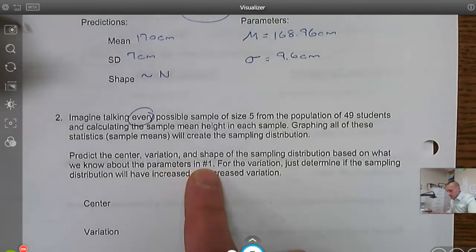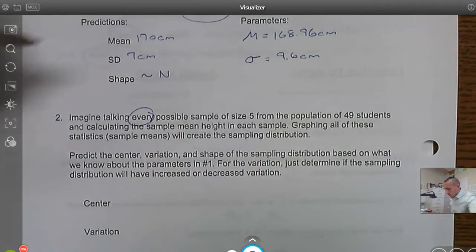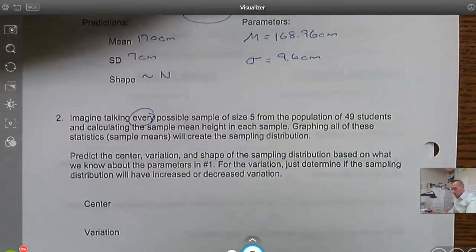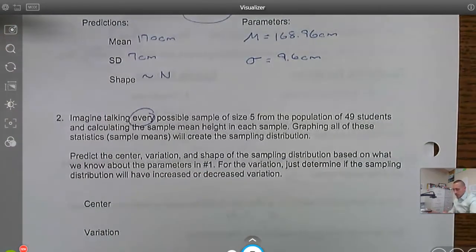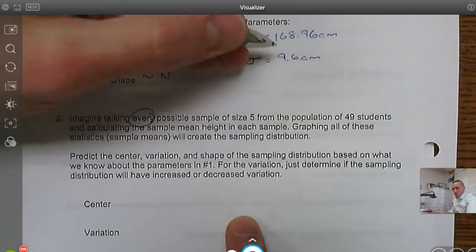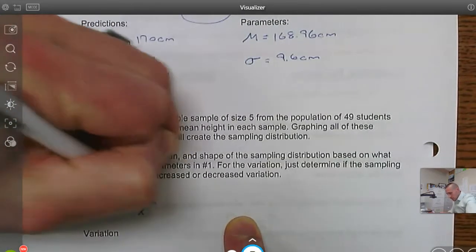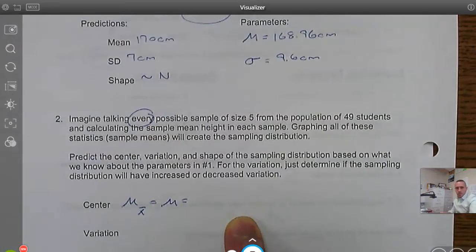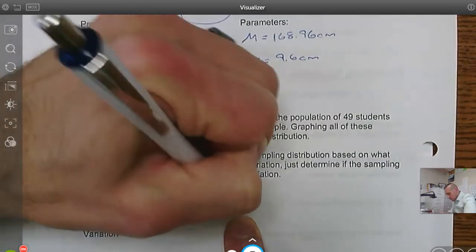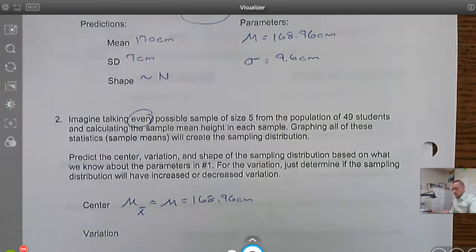So predict the center, variation, shape of the sampling distribution based on what we know. And then for the variation, did it increase or decrease? So here, if this is truly unbiased, the mean of all these sample means should equal the real mean, which is this 168.96 centimeters.